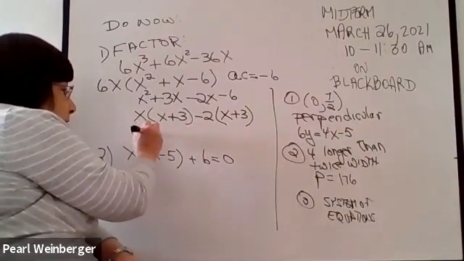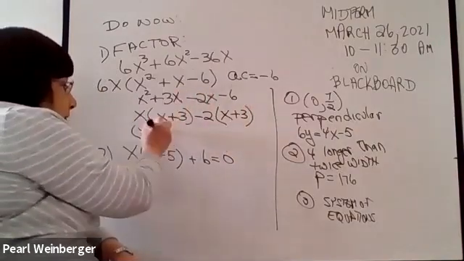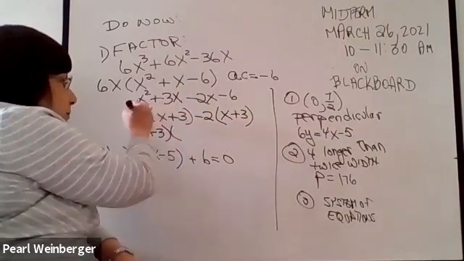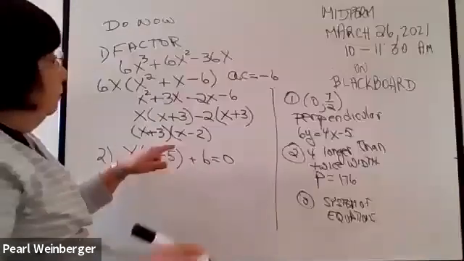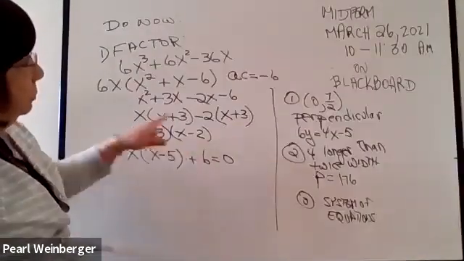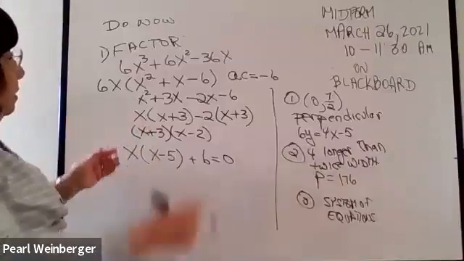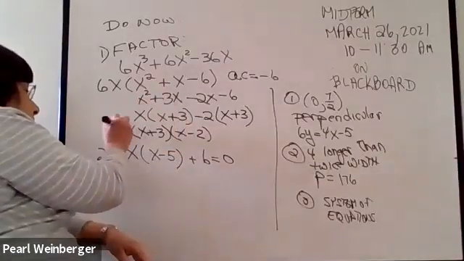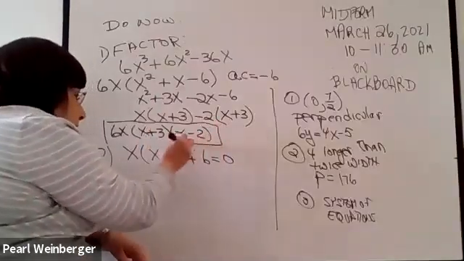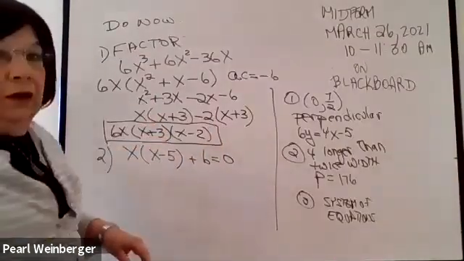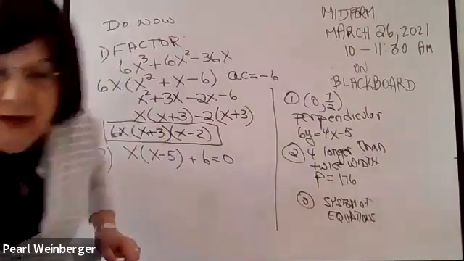So my final answer for this part is x plus 3 times, what's on the outside, x minus 2. Again, it wouldn't have mattered if you put the x minus 2 first and the x plus 3 second. But don't forget, there was a 6x from before. So this would be the answer of the factoring.